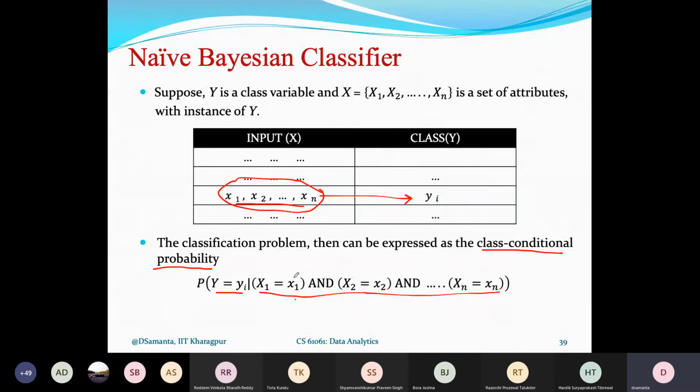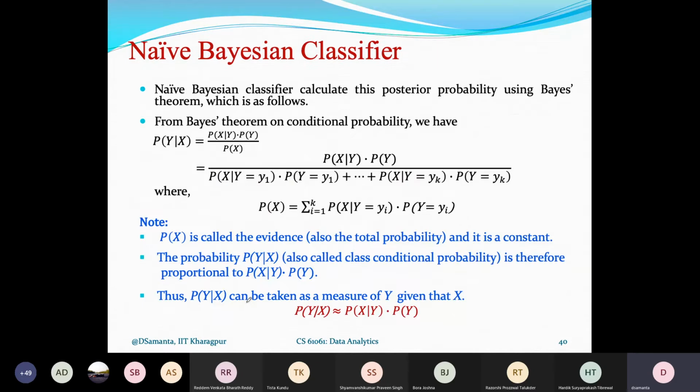So given this is the value of the data, what is the probability that this data belongs to the class yi? This is eventually the posterior probability, or it is actually called the class conditional probability. Now, this class conditional probability can be calculated easily using the reverse probability according to Bayes' theorem.